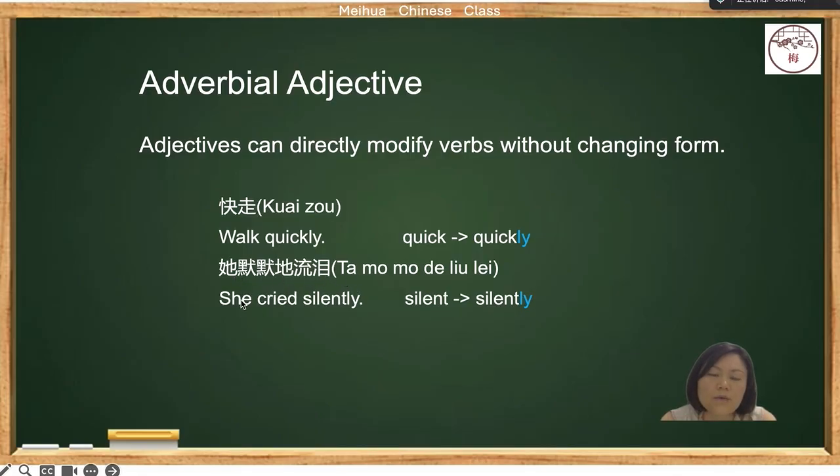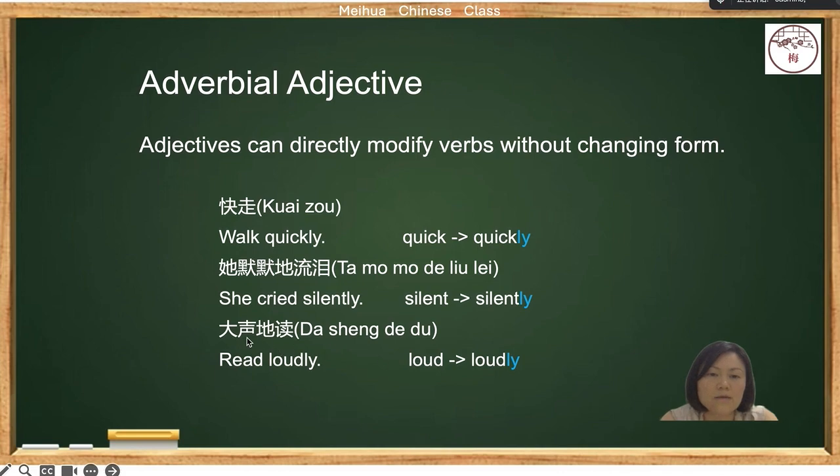This sentence means she, 流泪 means cry. She cried silently. Can we say she cried silent? Definitely no, we should not say it this way. This is an incorrect sentence. Instead, we should say she cried silently. We should use the adverb form for the adjective silent. We should never use an adjective to modify a verb.